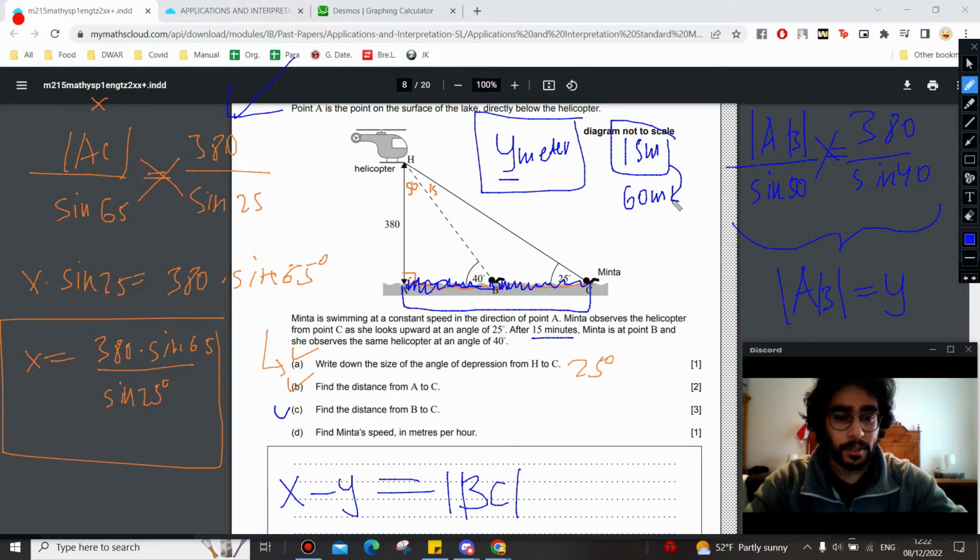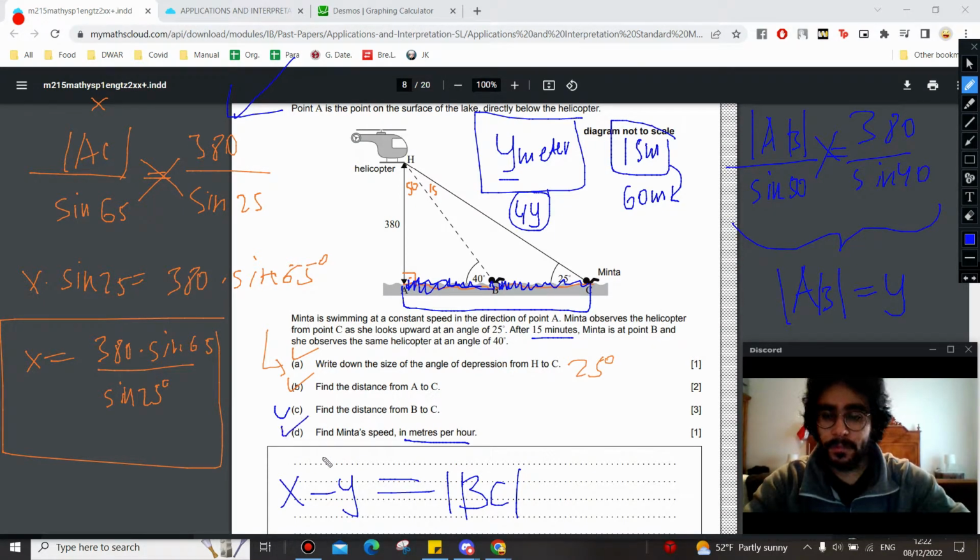Because we are checking the meters per hour, from 15 minutes to 60 minutes it's 4 times, which means the meters that I will cover will be 4 times this as well. So 4 times y per hour will be your speed.